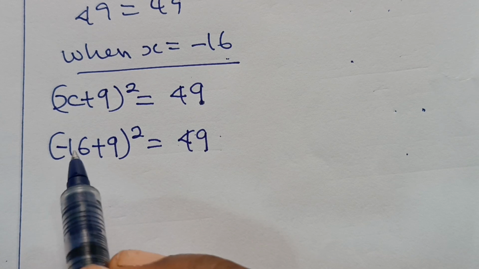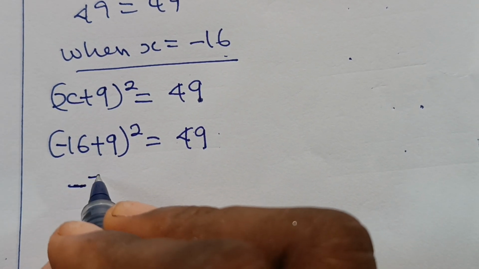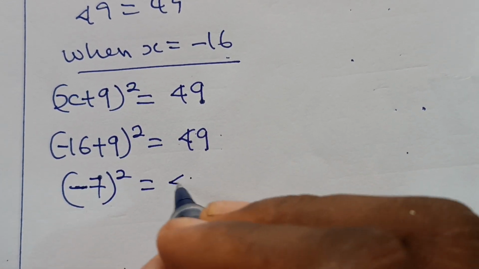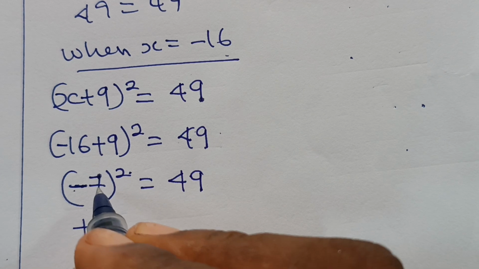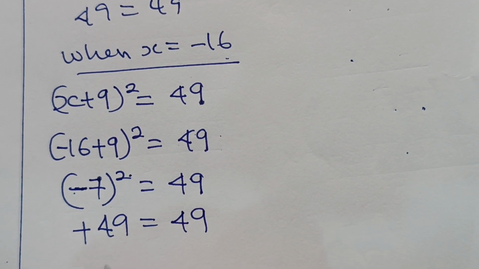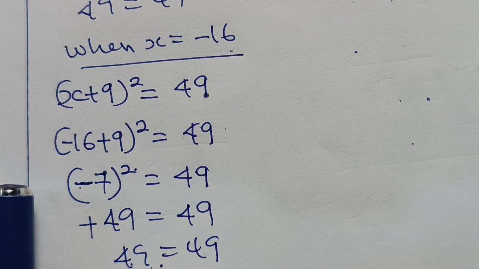Now minus 16 plus 9 will give us minus 7, right? So we have (minus 7)^2 is equal to 49. Now minus times minus will give us plus. 7 squared is 49, right? Is equal to 49. So you can see that 49 is equal to 49. And that proves that the answer we got is correct.